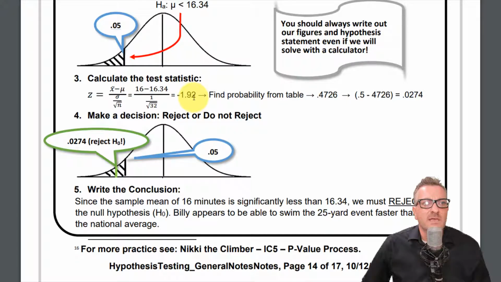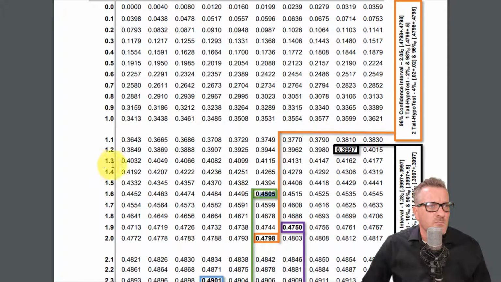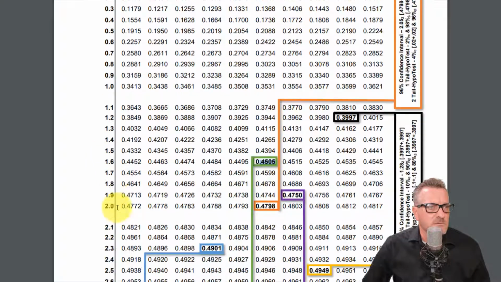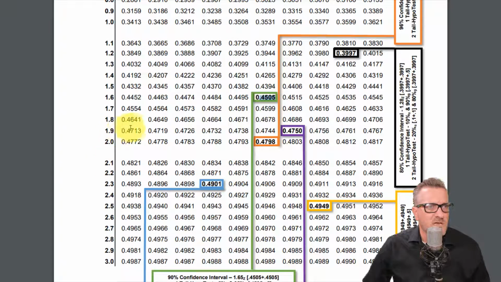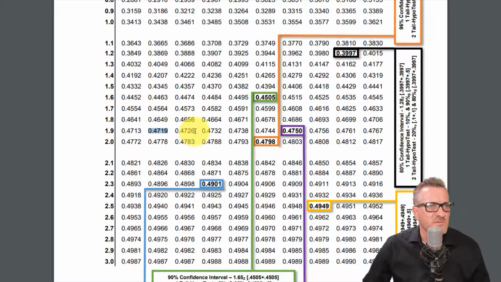Okay, 1.92. 1.9, wait a second. Yeah, that's 0, so it should be this one. 1.92, so it's this one right here. Okay. 0.4726. So just remember 0.4726.